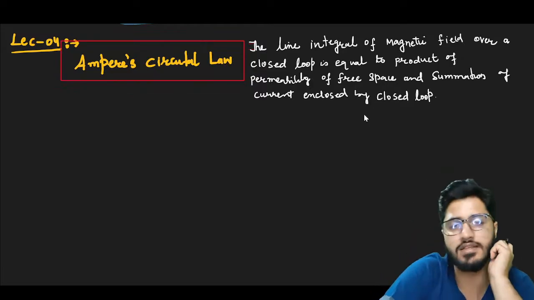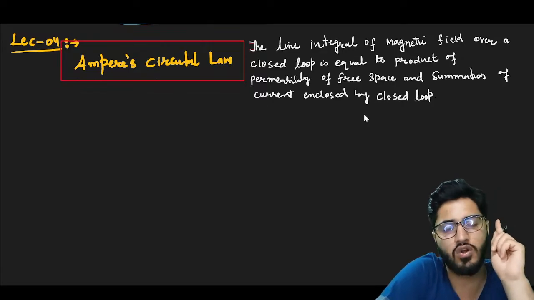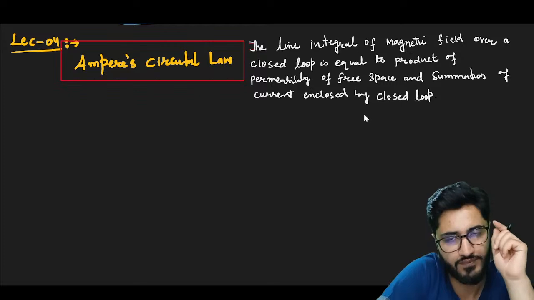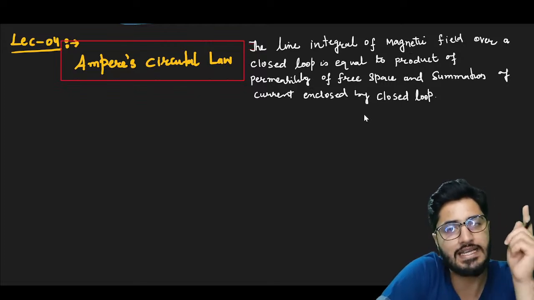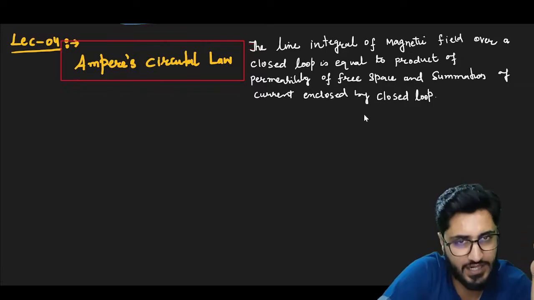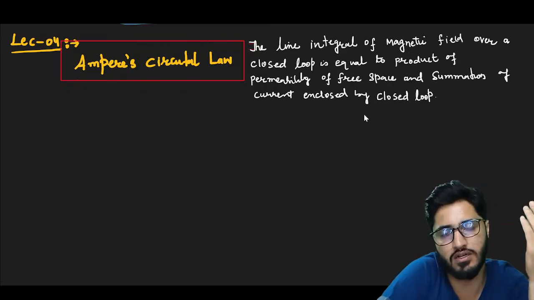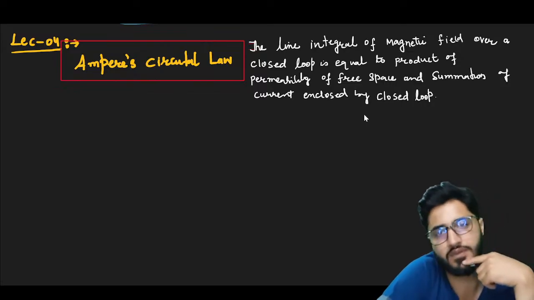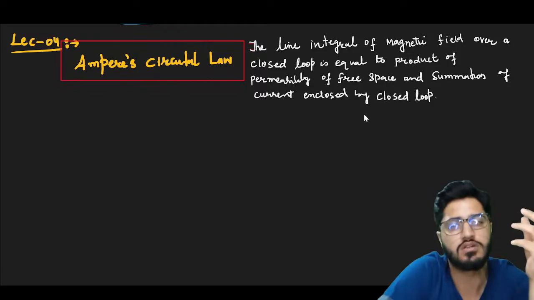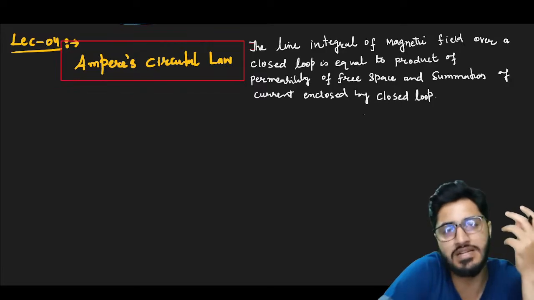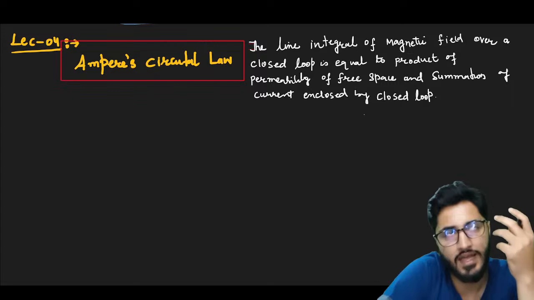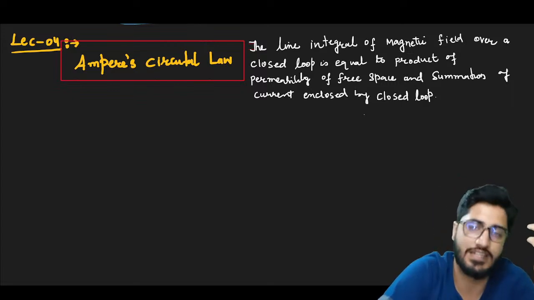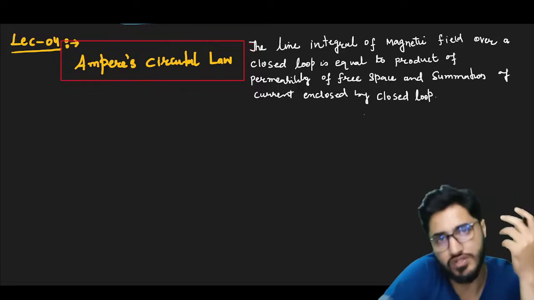I guess in electrostatics we had Coulomb's law, which deals with the forces between charges. Then we had one more type, that is the electric field intensity. But as we discussed, electric field intensity deals with smaller dimensional objects, and if we want to find the electric field intensity, we can use Gauss's law.